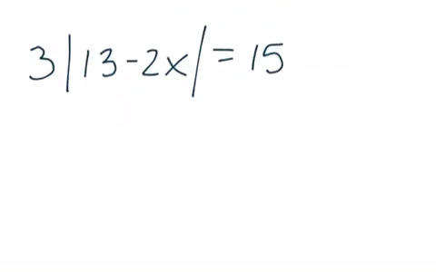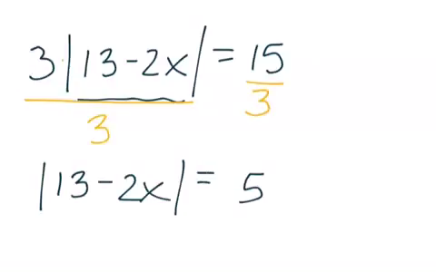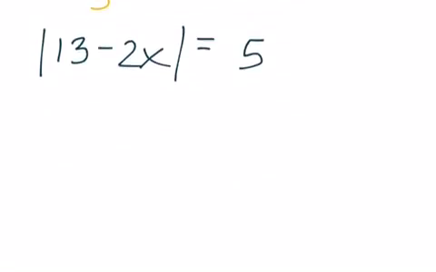So I need to get the absolute values by themselves. Right now I have 3 times this absolute value, so in order to simplify it, to get just the absolute value by itself, I'm going to divide both sides by 3. So now I have absolute value of 13 minus 2x is equal to 5. That looks a lot more like the first example.